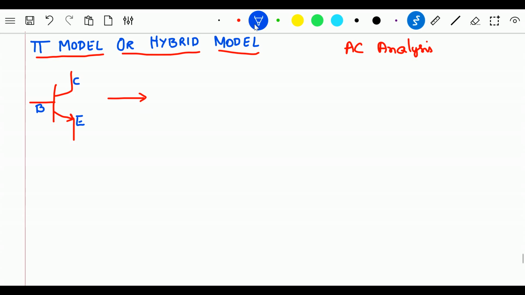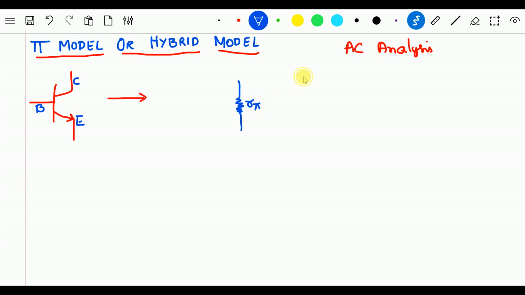In the pi model, the base is replaced with the input resistance at the base, which I derived in the previous video, which is R pi.